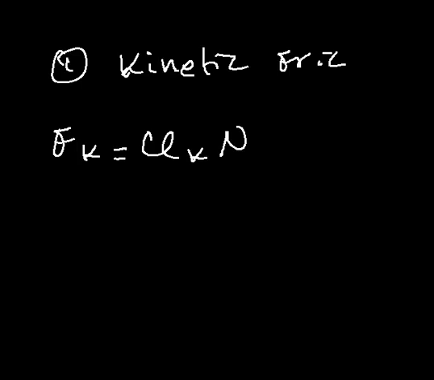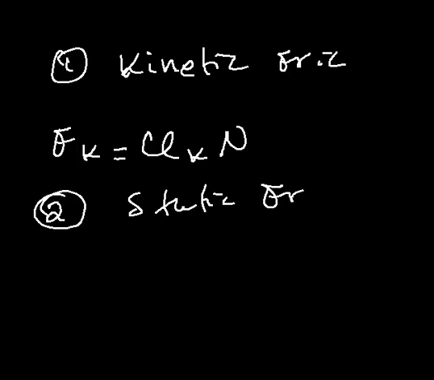Whenever the object is moving, the friction force in that case is said to be the kinetic friction force. Now we have another friction force, which is the static friction force. What is the static friction force? As the name itself suggests, static means at rest. So this is the friction force that keeps an object at rest.